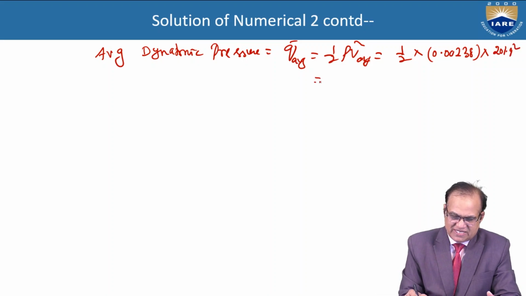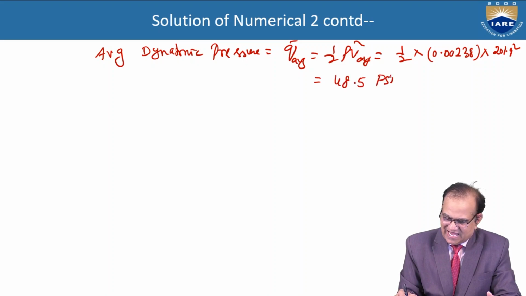So this you will get here 48.5 psf. This is the Q average.